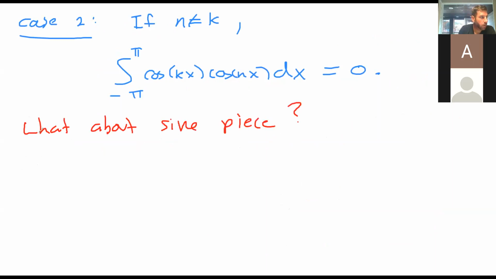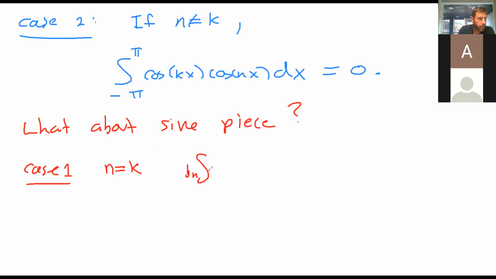The sine piece was, we'll do case 1 here, n equals k again. So remember, k is fixed. Now we're going to go through our sum. We're going to go n equals 0, then n equals 1, n equals 2. We're going to ignore all those. We're going to pick the one when n equals k. So when n equals k, what does the integral look like?